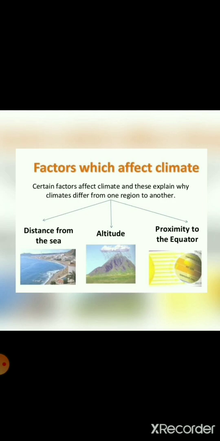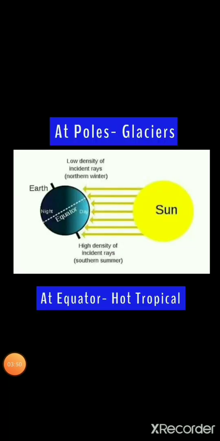And when we talk about distance from the sea, we talk about the distance from the water area to the land area. And proximity to the equator, we will discuss about the direct sun rays which are falling in equator and the slanting sun rays which fall on the poles. As you can clearly see that at the equator the sun rays are falling directly, and at the poles they are slanting.